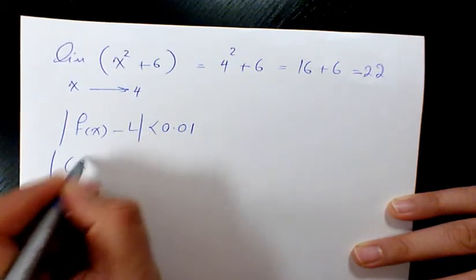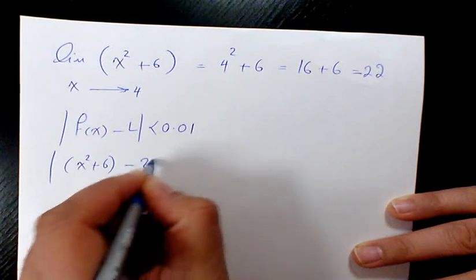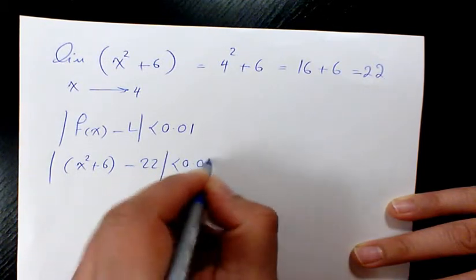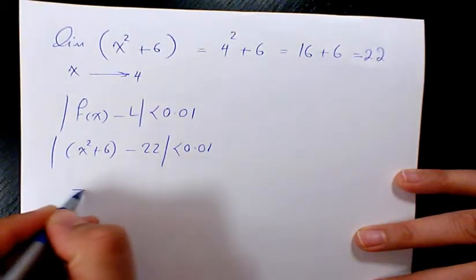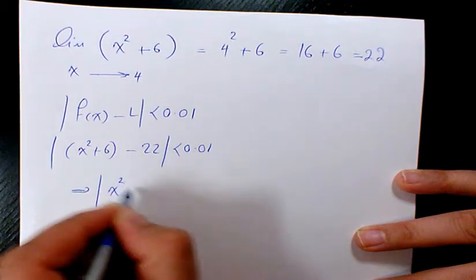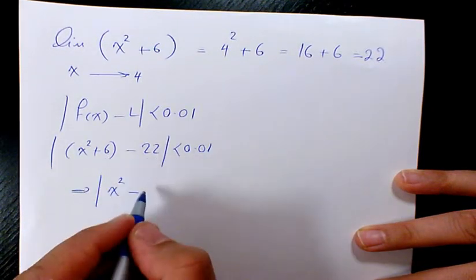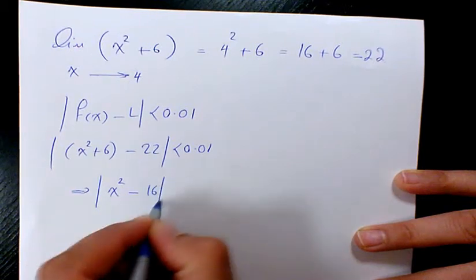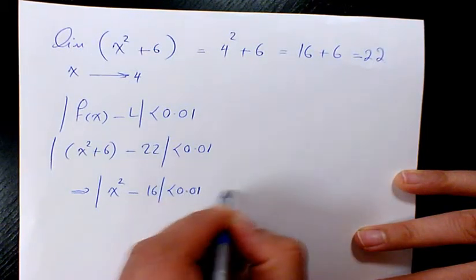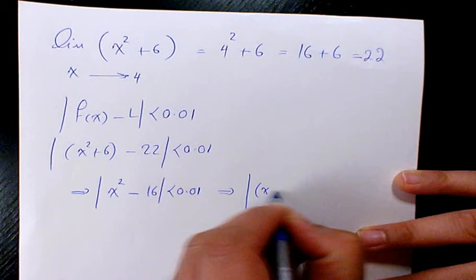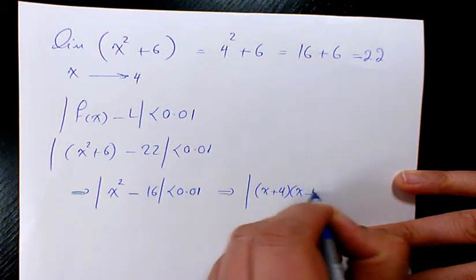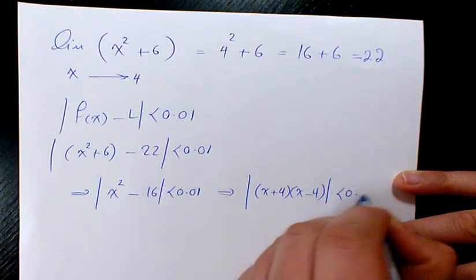So x squared plus 6 minus 22 has to be less than 0.01. And then you can say that x squared plus 6 minus 22 is x squared minus 16 less than 0.01, which means that x plus 4 times x minus 4 less than 0.01.